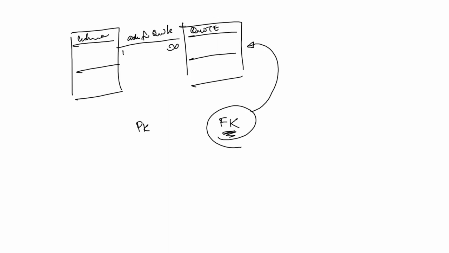What you're doing is this foreign key says that this quote belongs to this customer. So when the primary key is stored in here, that primary key is exactly the same.